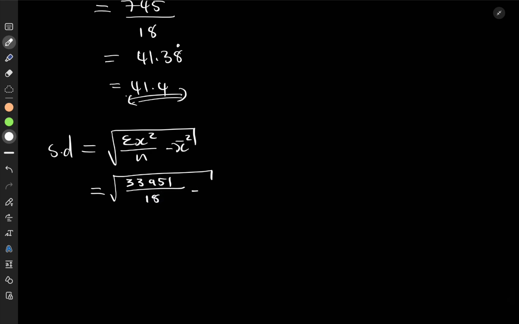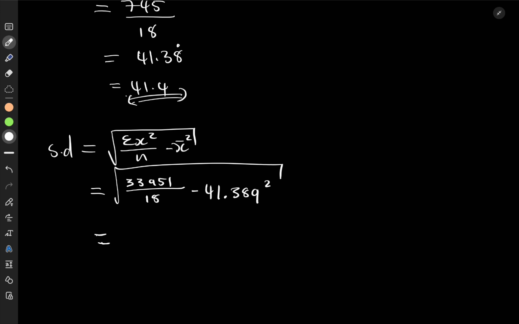Then we subtract the mean. What is the mean now? The mean was 41.38888. We can say 41.389, so that we increase the number of significant figures. Now I'm going to square this.